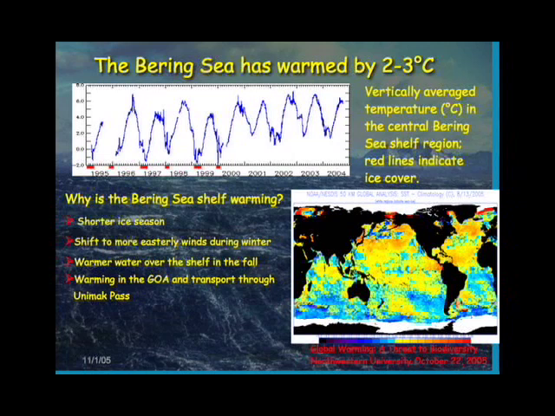Part of the reason for the change in the wintertime temperatures is the loss of the ice. The low temperatures at the bottom and in the wintertime are due to the interactions and the impact with the ice. When the ice has moved away, you no longer have that cooling effect, and so you are seeing the higher temperatures.